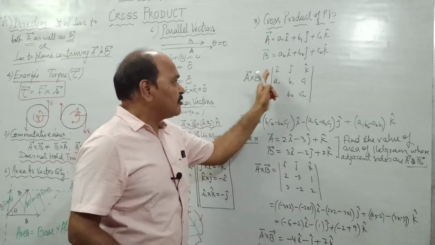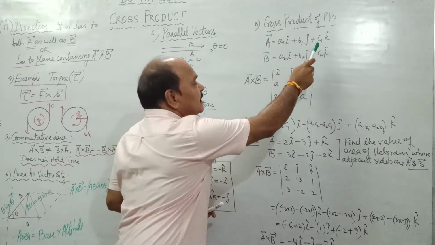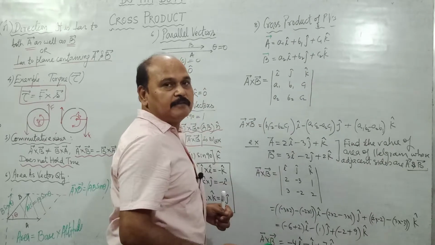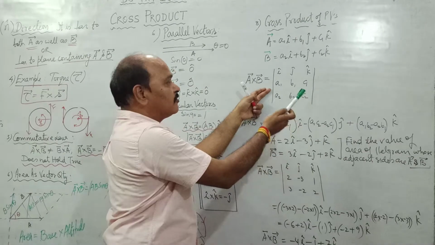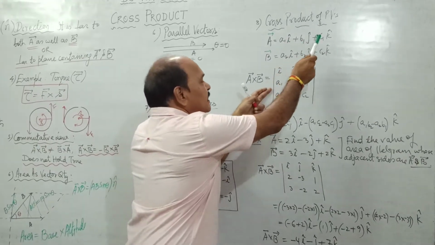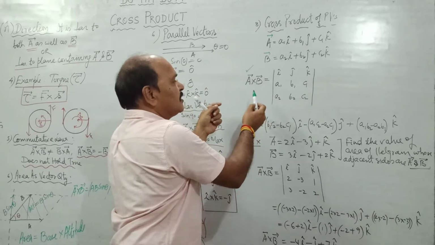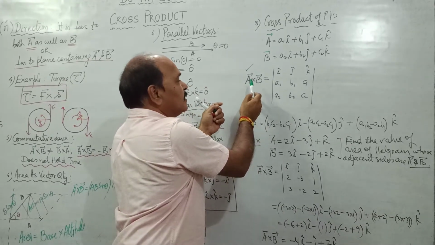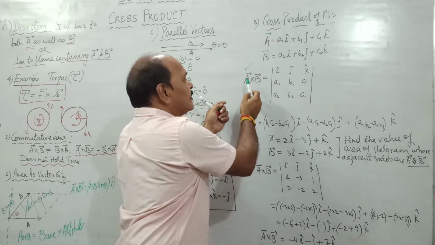And in the very first row of the matrix, we write down unit vectors I, J and K. In the second row, the 3 elements are the coefficient of I, J, K of vector number 1. So vector number 1, that is first vector A, and coefficient of I, J, K of A vector are what?